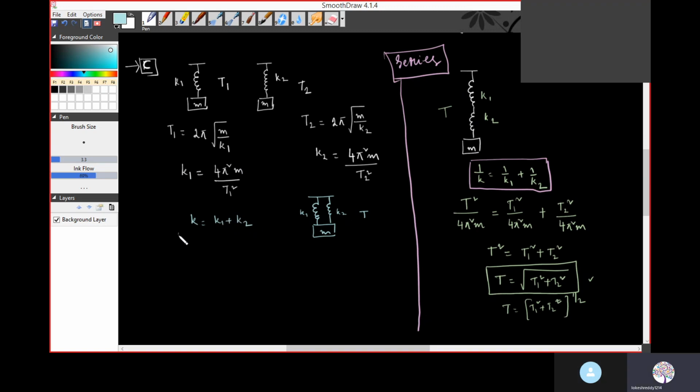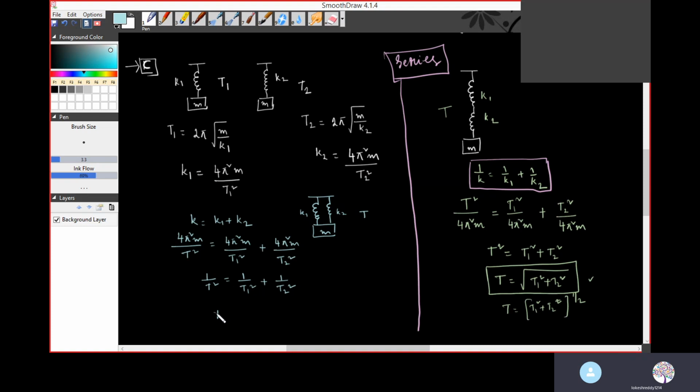Now K is equal to 4 pi square M by T square, that is equal to 4 pi square M by T1 square plus 4 pi square M by T2 square. So here we will get 1 by T square is equal to 1 by T1 square plus 1 by T2 square.